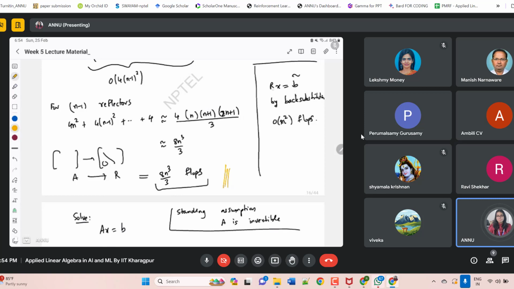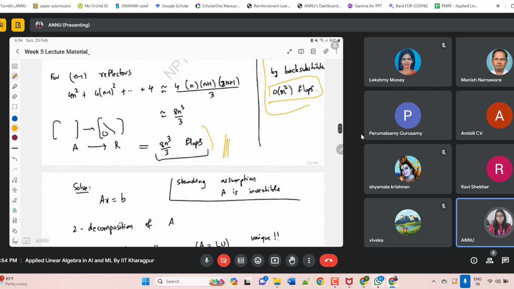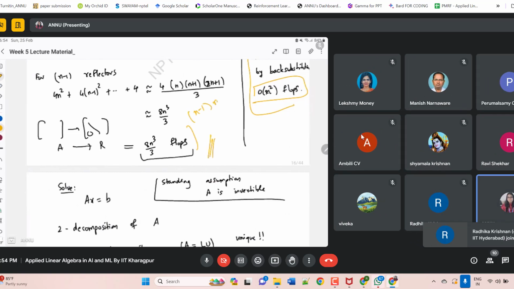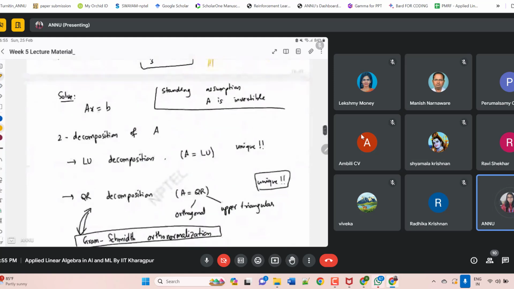And finally, by back substitution, this is the number of flops. You just see how one reflector is causing this, and then you are multiplying with n minus 1 reflectors. If you sum it, this is the total number of flops required for calculating QR decomposition for a system of linear equations.